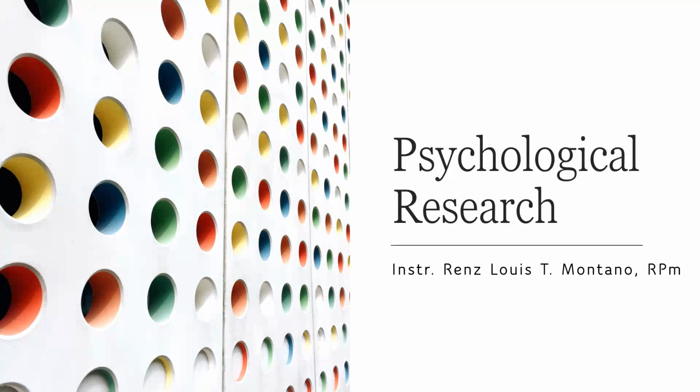Okay, so before we move on with other topics in this course, let us first refresh about psychological research, because in any subject in psychology, research will always be there.